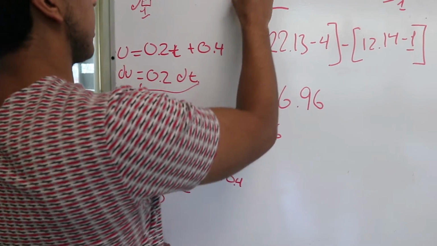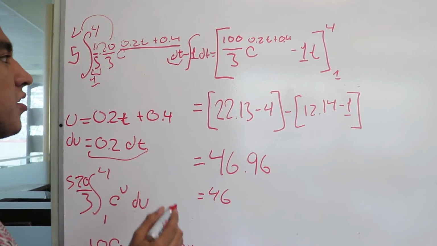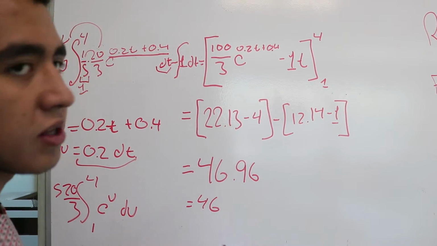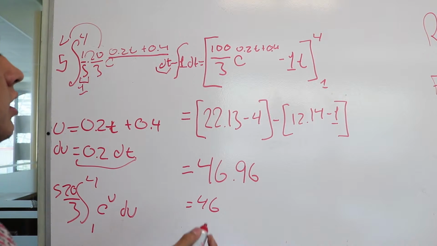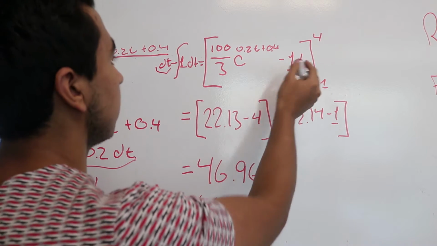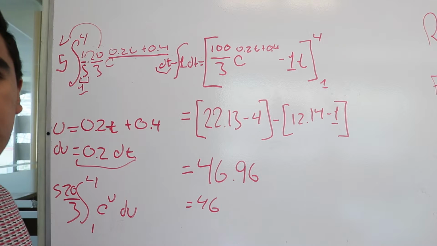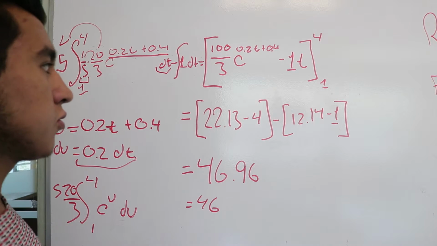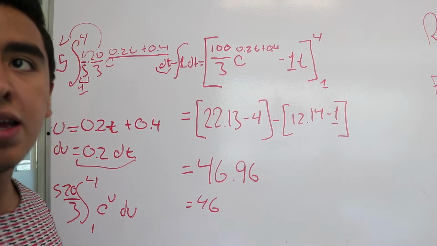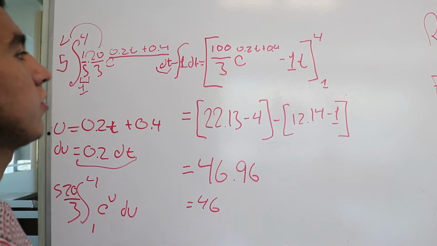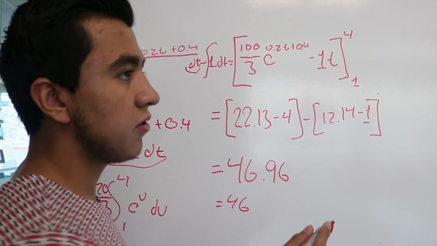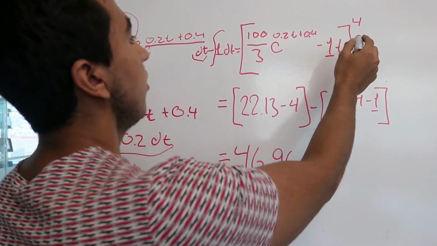Then we are going to do the next part of the integral, that is 1 dt. That's very simple. It's just 1t. So once we have resolved the integral, we are going to make a substitution to find the definite value. So in this case, we first are going to substitute the 4.